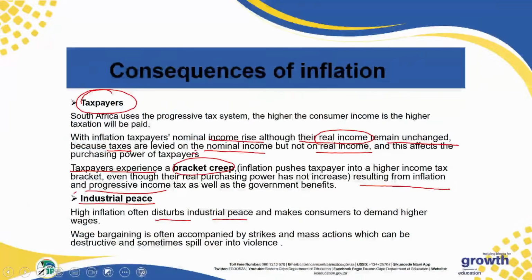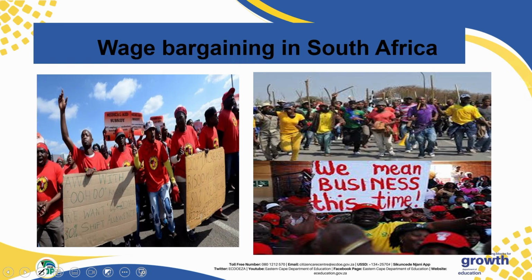Industrial peace. Inflation disturbs industrial peace. How? High inflation disturbs industrial peace and makes consumers demand higher wages. The wage bargaining is often accompanied by strikes and mass actions, which can be disruptive and sometimes spill over into violence.